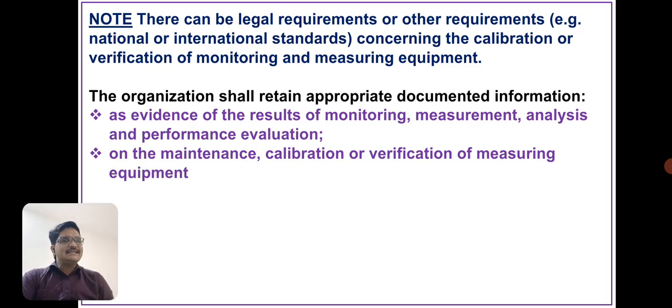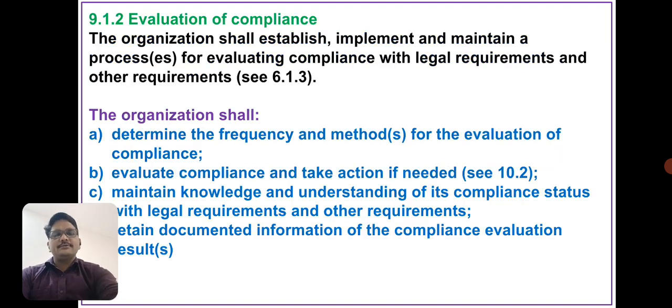For this, the organization shall retain appropriate documented information as evidence of the results of monitoring, measurement, analysis and performance evaluation, as well as on maintenance, calibration or verification of measuring equipment. That is, we need two types of documented information. First is for maintenance, calibration or verification of measuring equipment. Second is for results of monitoring, measurement, analysis and performance evaluation.